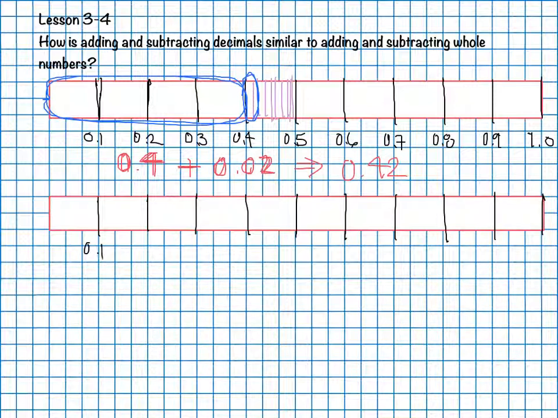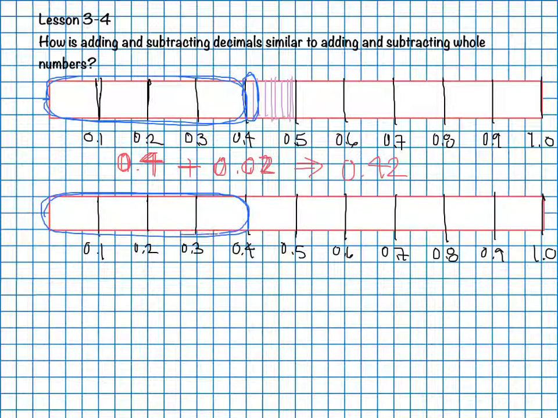And again, we will label it 0.1, 0.2, 0.3, 0.4, 0.5, 0.6, 0.7, 0.8, 0.9, and 1.0. And we're going to start off again this time with blue here. We're going to start off with our 0.4, which is what we started off with before, our 4/10. Let me switch back to red here. We're going to start out with 0.4.